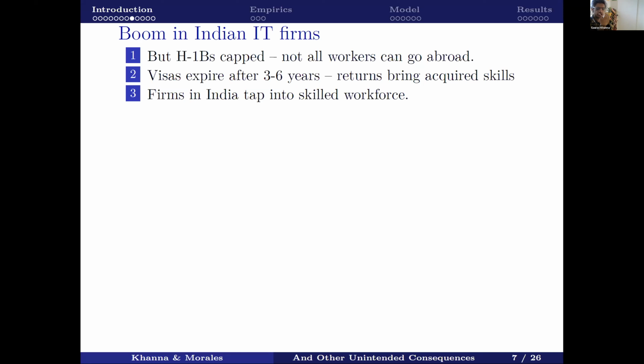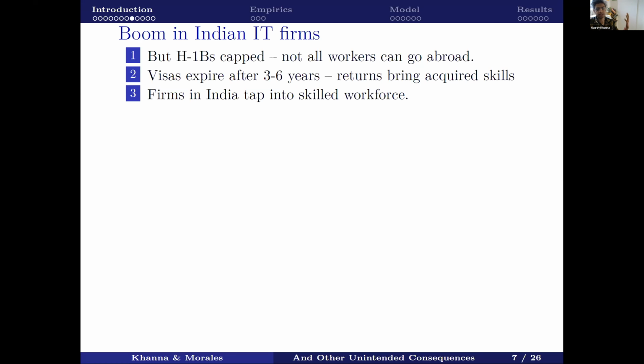Secondly, these visas expire somewhere between 3 and 6 years after you get them. If an individual wants to stay in the US longer, they need their company to sponsor a costly green card process, which takes a long time. There's a huge backlog for people from India.